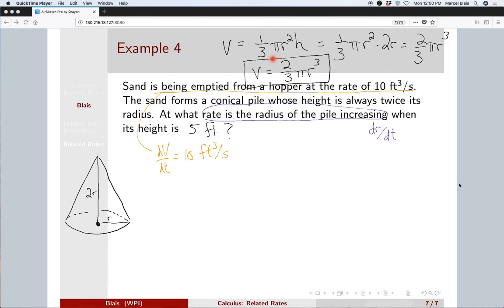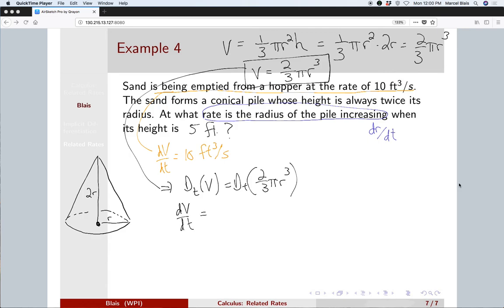Now, with that information, we see the two rates that we're concerned with, one for V, one for r. So we now need to differentiate both sides of our expression implicitly with respect to t. The derivative with respect to t of V is the derivative with respect to t of 2/3 pi r cubed. On the left, we have dV/dt.